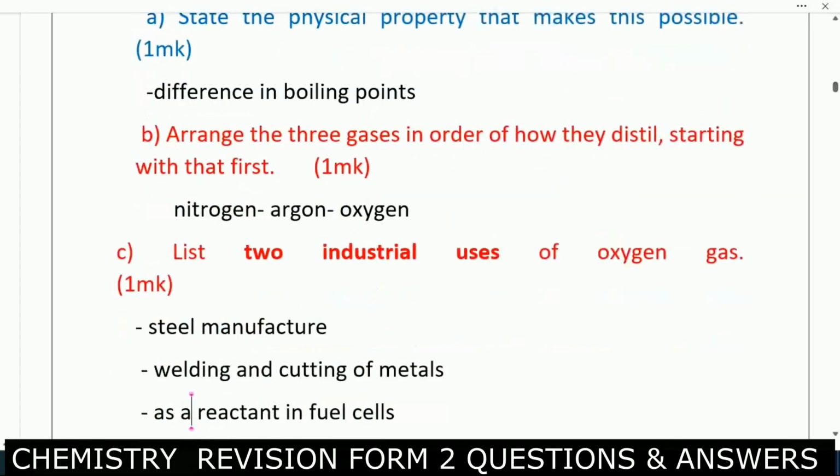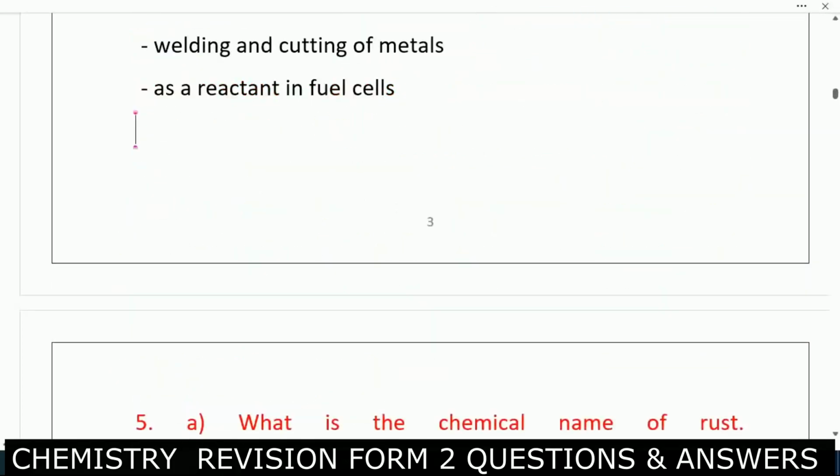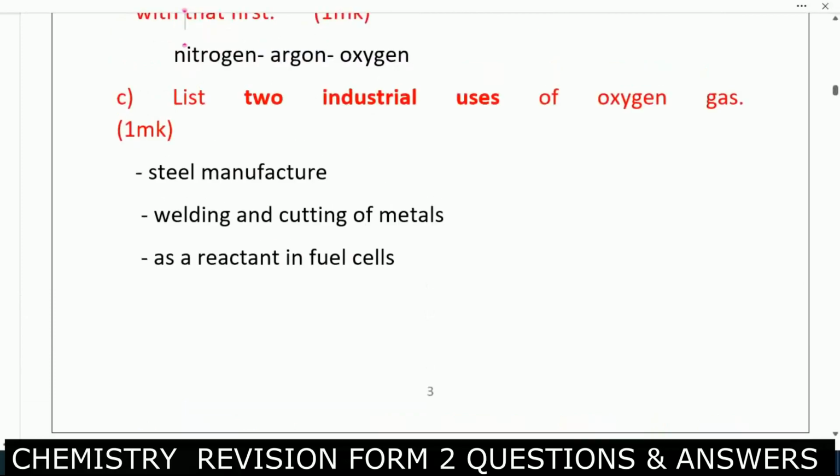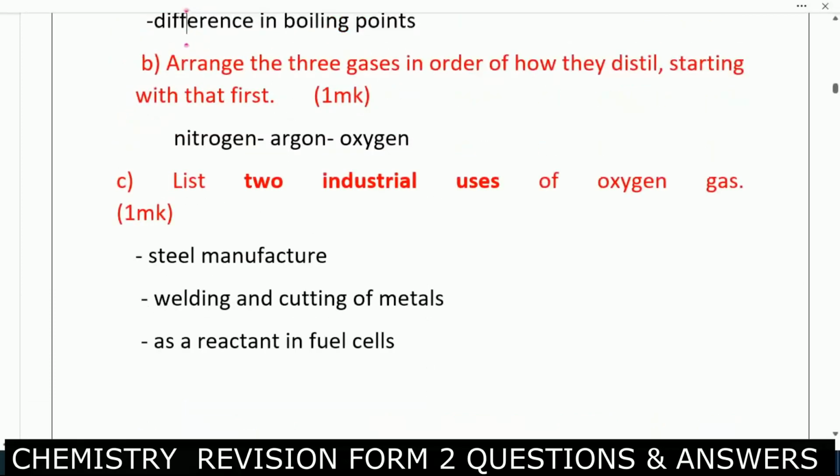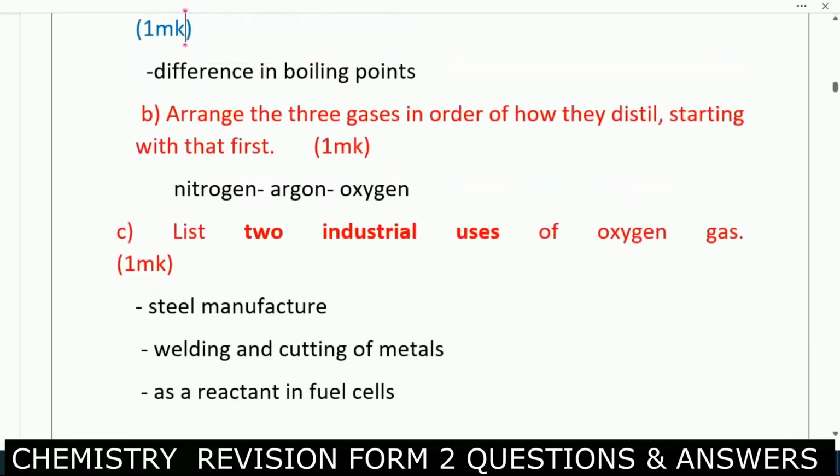That's why you can separate them. Next, arrange the 3 gases in order of how they distill, starting with the first. The first one to distill is nitrogen, then argon, then oxygen, depending on their boiling points.